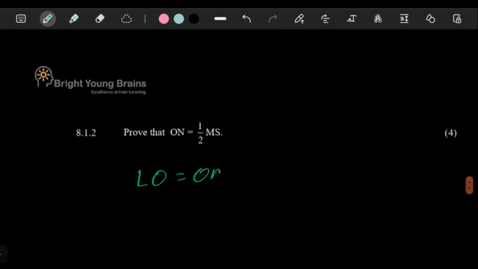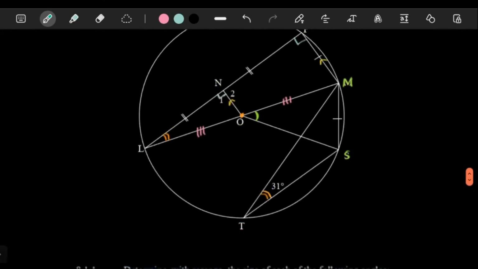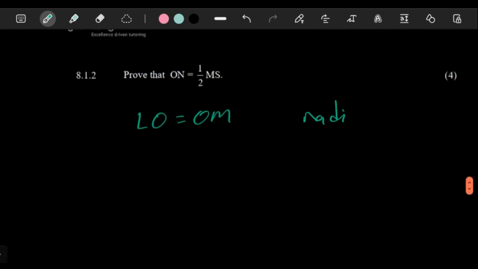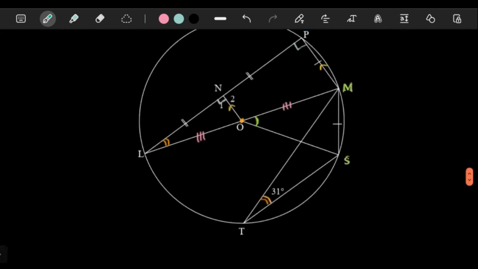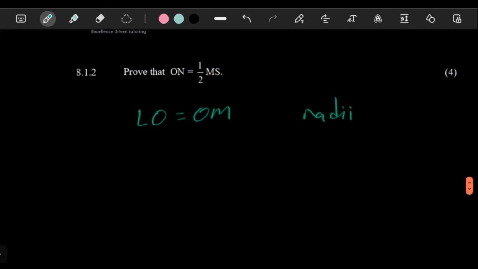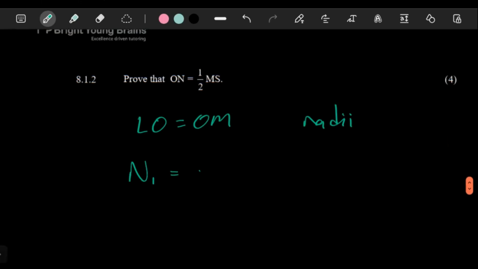LO is equal to OM because they are radii. That's the first thing. And then once we've told them that those are radii, we need to tell them that these are also equal so that we can tell them that these are parallel. So we're going to say N1 is equal to 90 degrees.